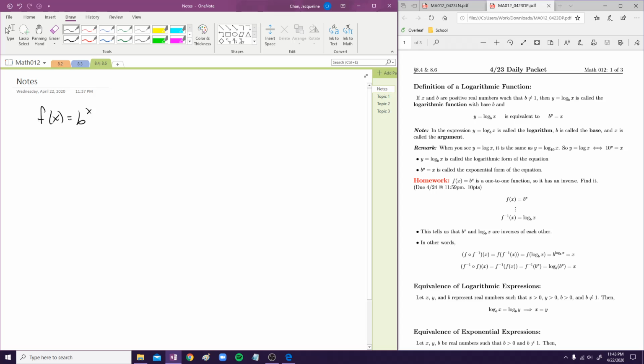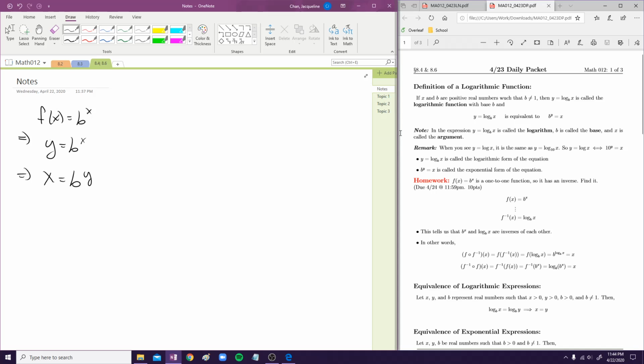We make the following steps. We change f of x into y equals b to the x, and we interchange x and y. But right here, normally we would get stuck. How would I get y out of this exponent?